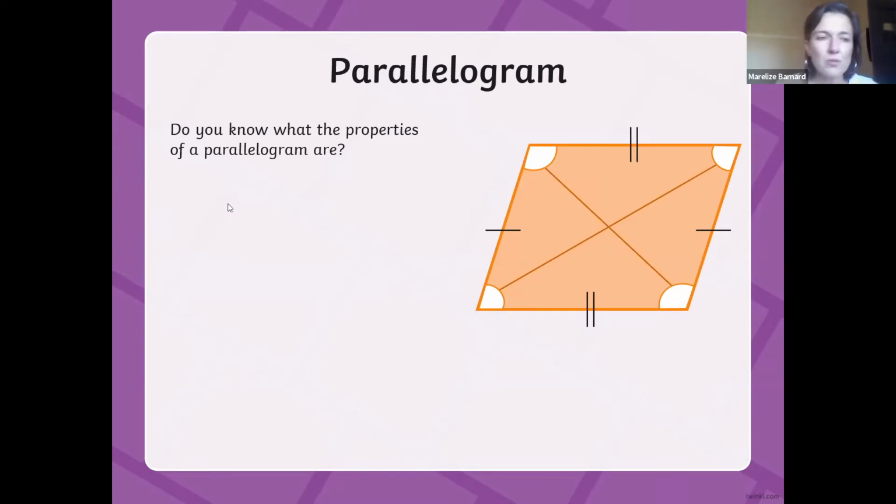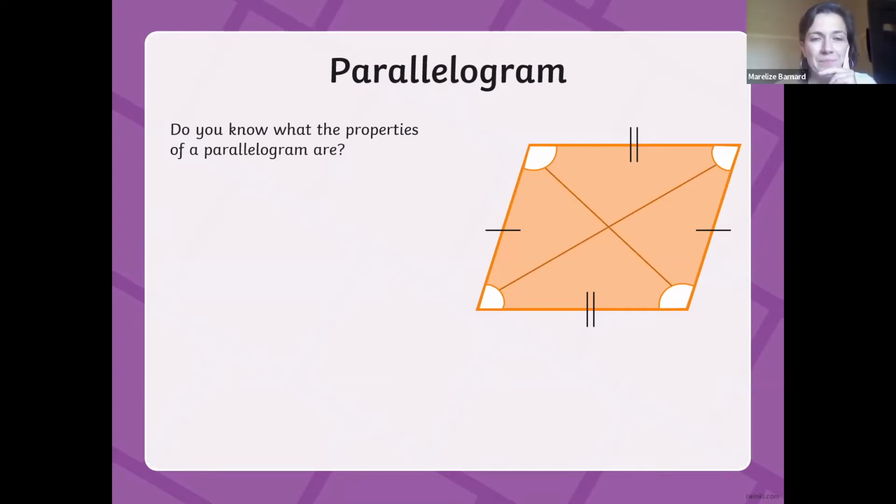What about the angles? What about the diagonals? Not everything is the same as a rhombus. Something's different. Yes, the opposite angles are equal. Nice. And what about the diagonals? What can we say about the diagonals? The diagonals bisect. That's right, but they don't bisect at 90. That is the property of a rhombus.